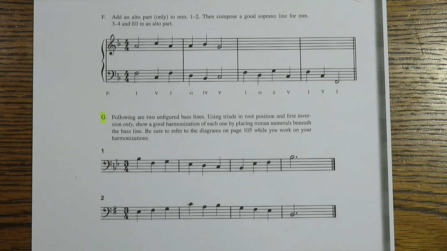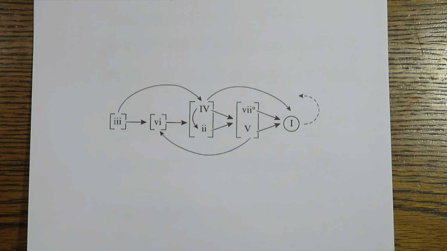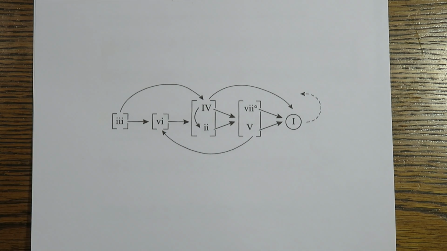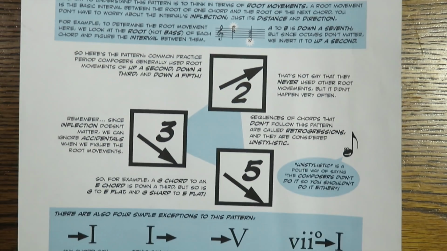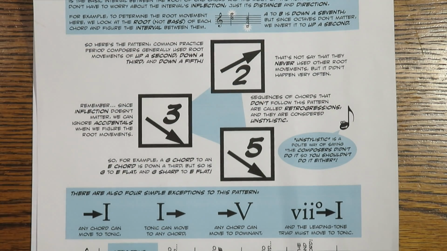And so the diagrams on 105, this will come in handy. Remember that one. And I also have another one. And this is from Toby Rush. And it's a really cool little easy guide to remember. Now, there's a pattern.